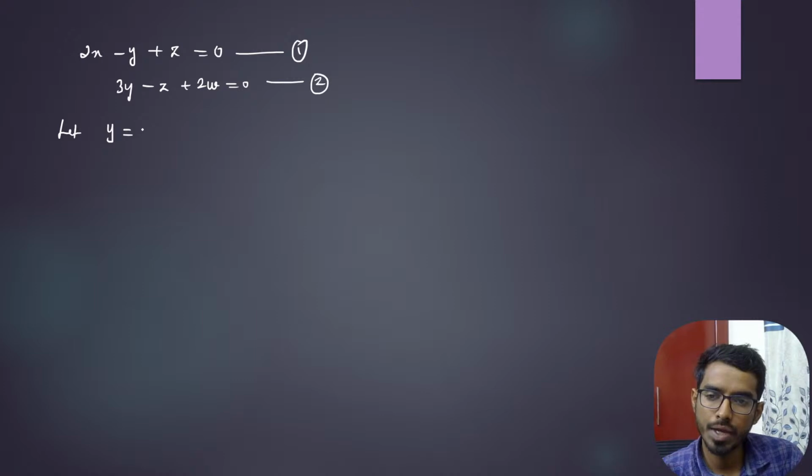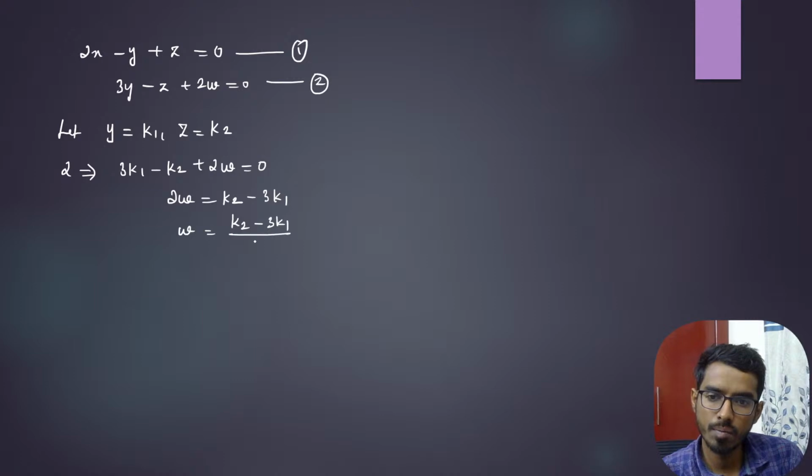Let us assume y to be equal to k1, z to be equal to k2. So from 2 we have 3k1 minus k2 plus 2w is 0. So 2w is k2 minus 3 times k1. So w is (k2 minus 3k1) by 2. And from 1, 2x is equal to y minus z.